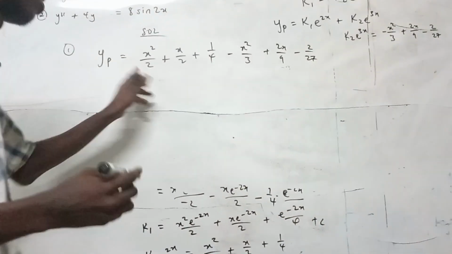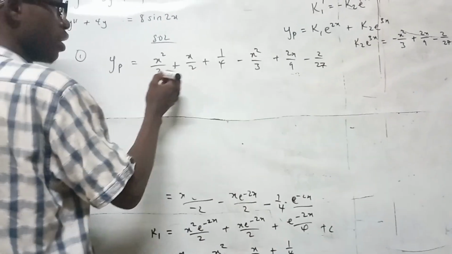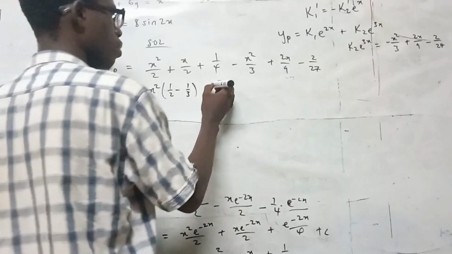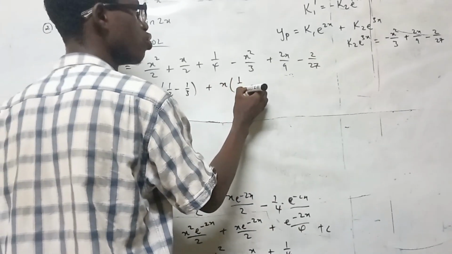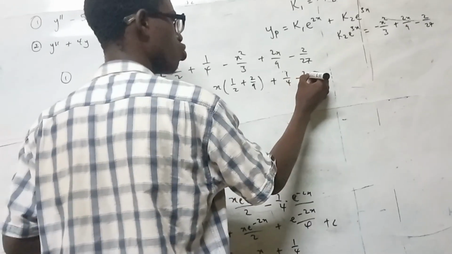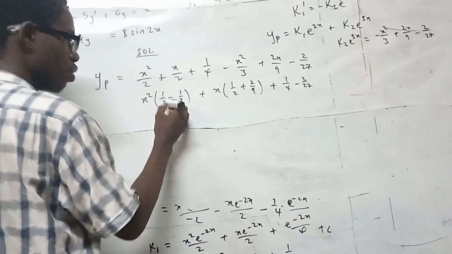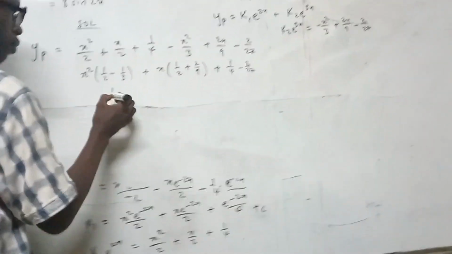Now let's collect like terms and work them out. So we are going to have something like x squared into brackets 1 over 2 minus 1 over 3, plus x into brackets 1 over 2 plus 2 over 9, plus 1 over 4 minus 2 over 27. Now let's work this. We have over 6, 3 minus 2 is 1.